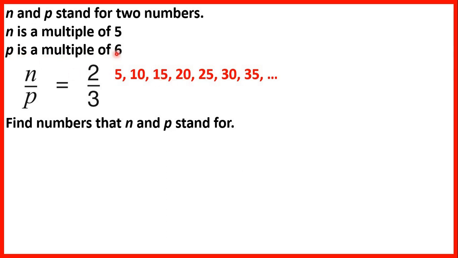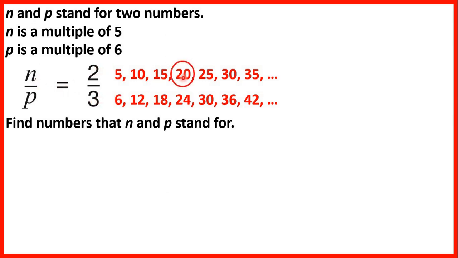P is a multiple of 6, and multiples of 6 are numbers in the 6 times table, so 6, 12, 18, and so on. But we need to choose numbers so that we can create a fraction that is equivalent to 2/3, so that simplifies to 2/3.